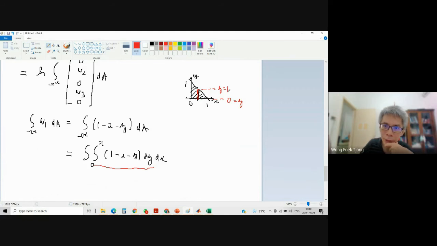So the integral should go from 0 to 1 minus x. How about x? dx, of course, this goes from 0 to 1. So we have to perform this integral. Let's do it.